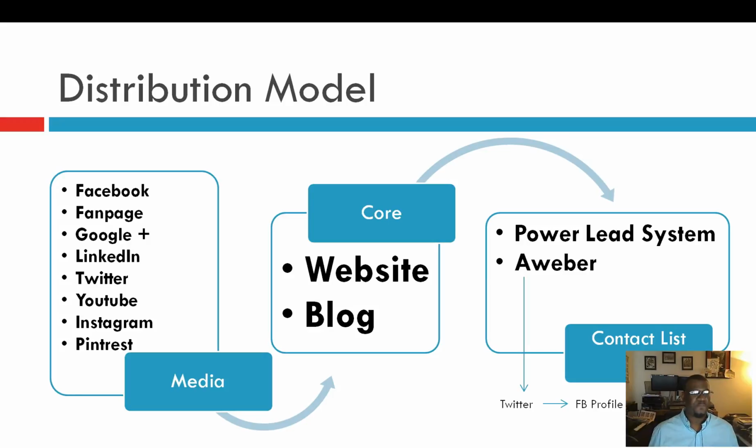And once we all start building and duplicating this process, and that's what I love about the Power Lead system, it allows us to duplicate and share information together, and we're building a massive distribution with one another.